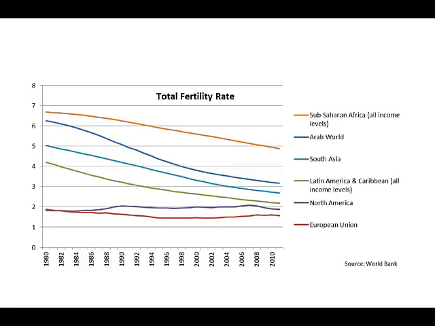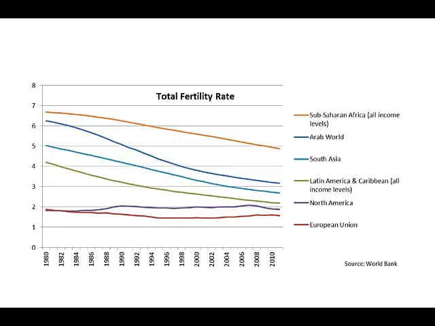In Latin America, for example, we've seen a substantial reduction. From 1970 or from 1980s, it was over 4 children, and we're now very close to 2, which is 2.1 is usually thought of as the replacement level of fertility. So we're close to near zero population growth levels in Latin America.